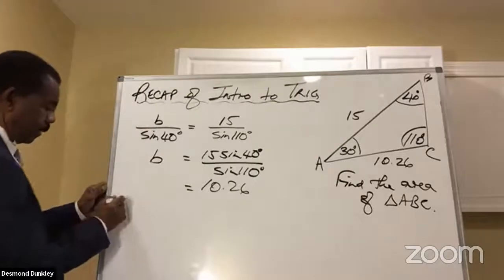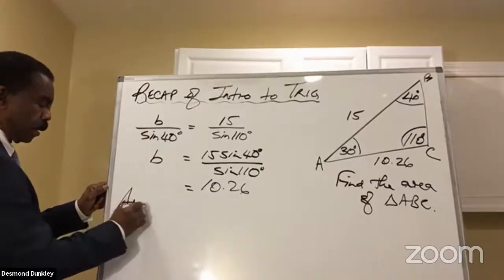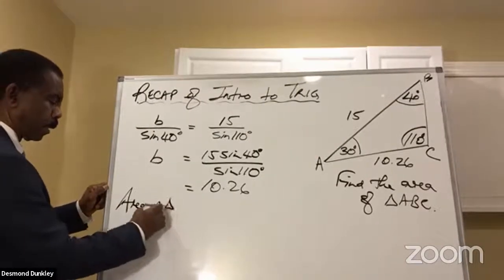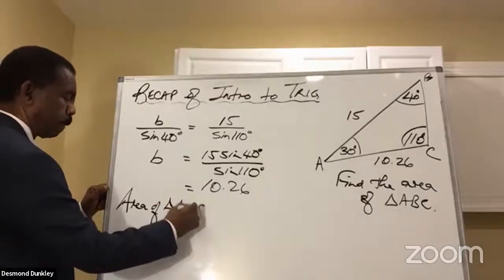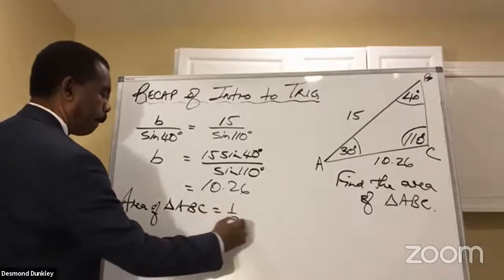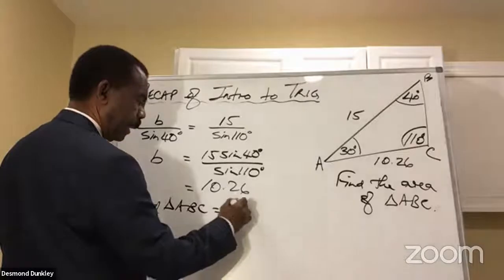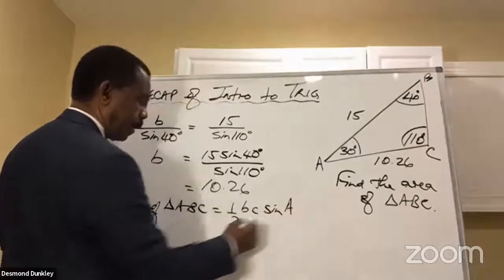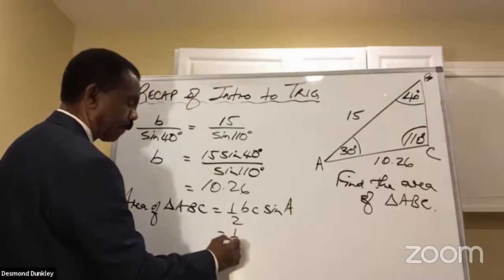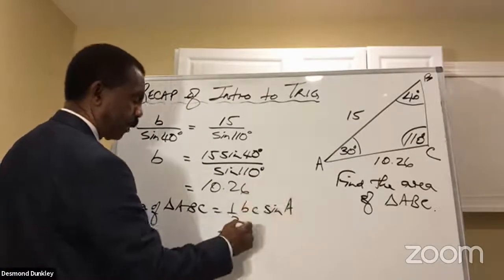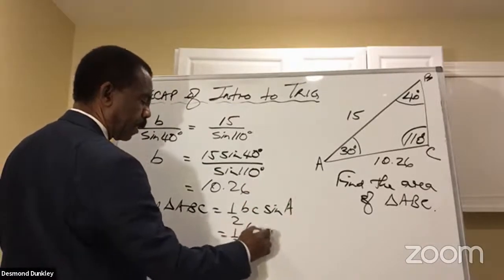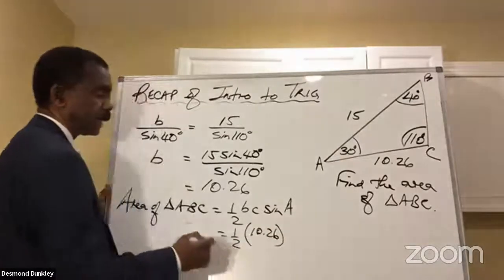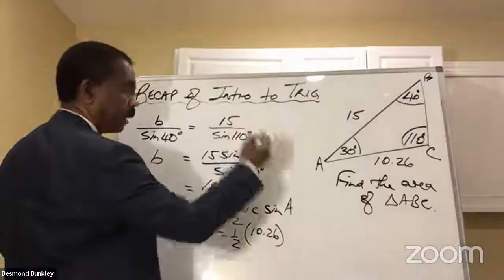So the area will be a half BC sine A. It's equal to a half. Side B is 10.26. Side C is 15.